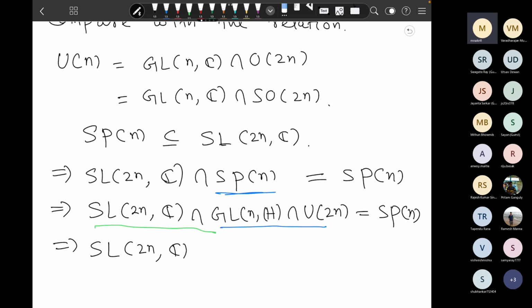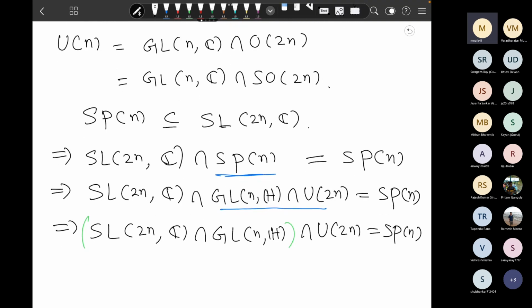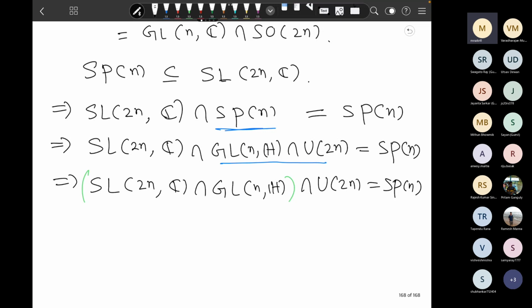So let us write another line. This will be SL(2n,C) intersection GL(n,H) intersection U(2n) is equal to Sp(n), and SL(2n,C) intersection GL(n,H) is your SL(n,H). So SL(n,H) intersection U(2n) is equal to Sp(n).